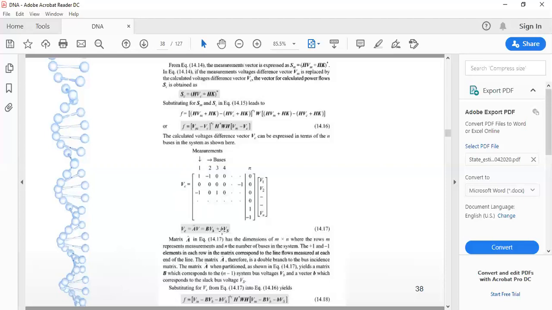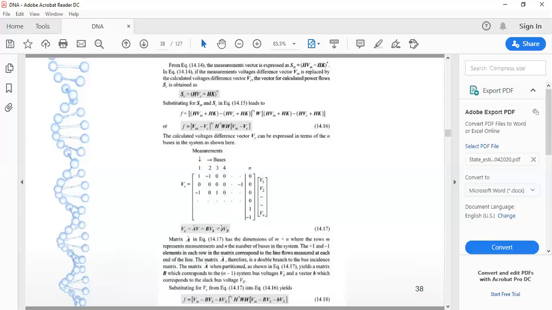It will be denoted as b. So what is small b? Small b is nothing but the first column of your incidence matrix, and the rest of the components are capital B. Vs is nothing but the voltage of the slack bus, while Vb you have to derive in the following manner, A into V bus. So over here Vc equals the incidence matrix into V bus, but it is separated into two components.